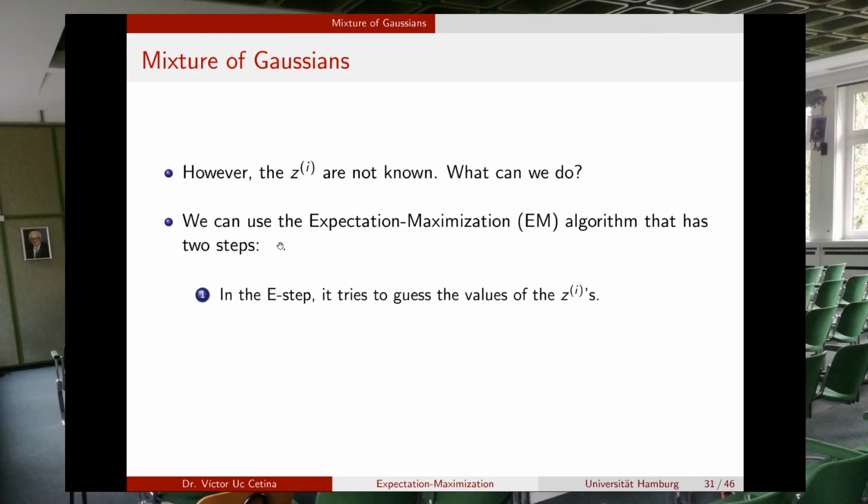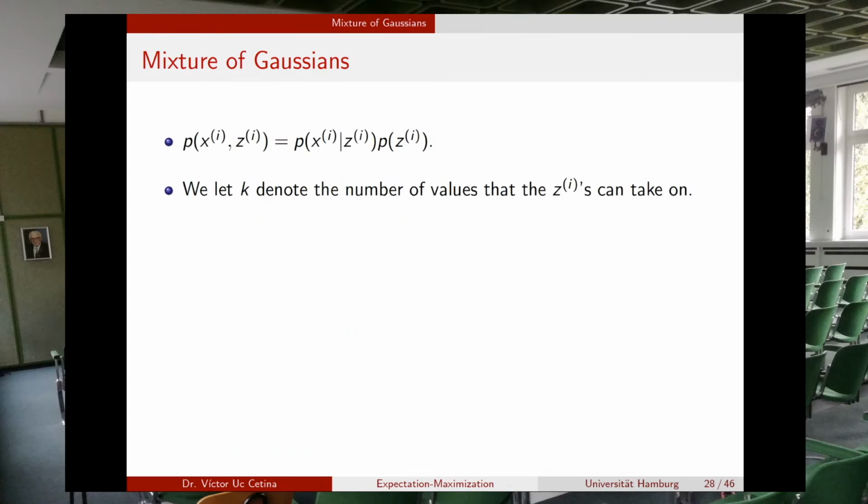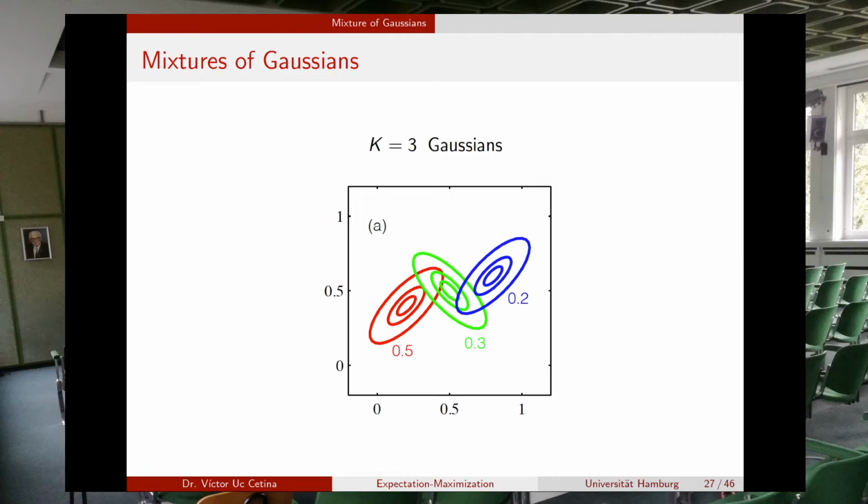That's why we have this plot here. For example, suppose that a point belongs to this cluster with probability 0.5, to the green one with probability 0.3, and to the blue one with probability 0.2.